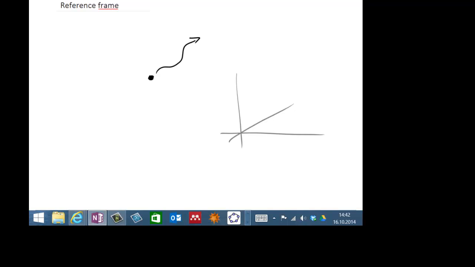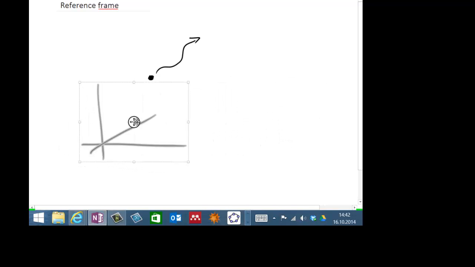And so, the first thing we have to do before we start doing mechanics is we have to specify and agree on a reference frame. Now, a reference frame, let me shift it back to the original position. A reference frame consists of spatial coordinates, so that's what I drew here, x, y, z axis.